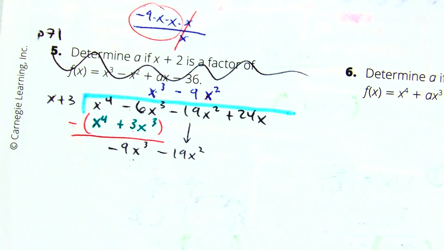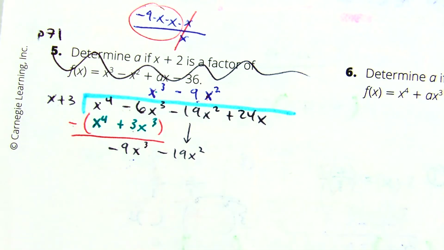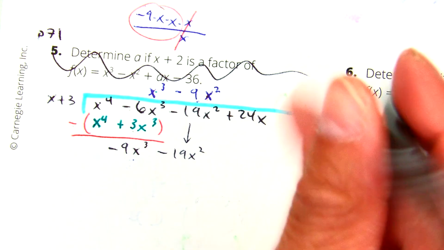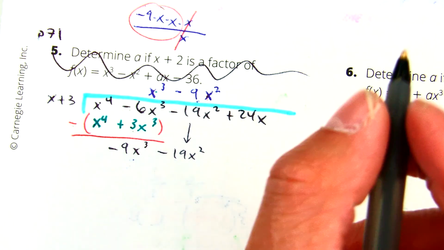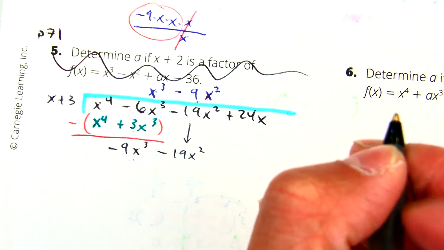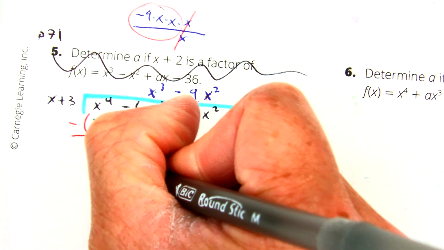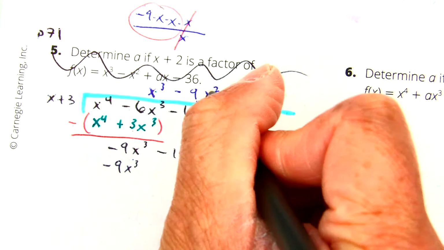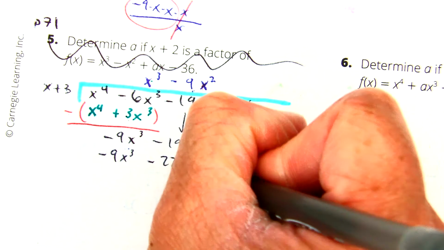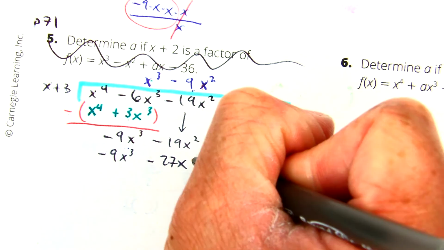Trisha, go ahead and multiply for us. -9x3. -27, 2.